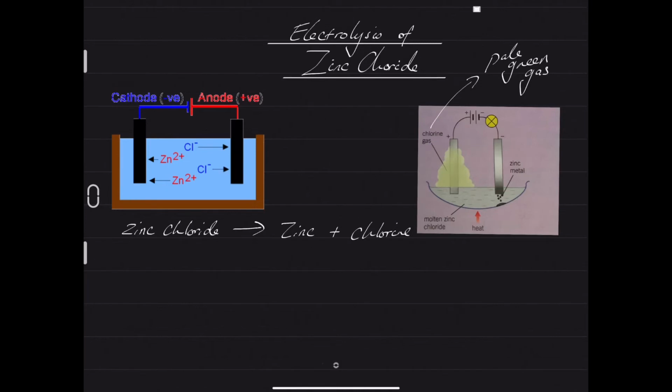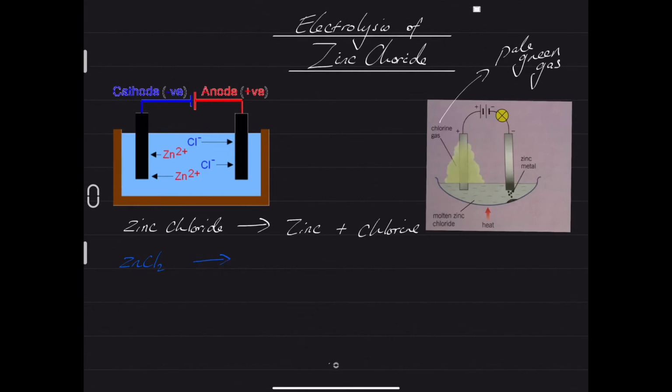Now let's look at the symbol equation. Now this symbol equation is not complete. I've intentionally left out the state symbols in this equation.